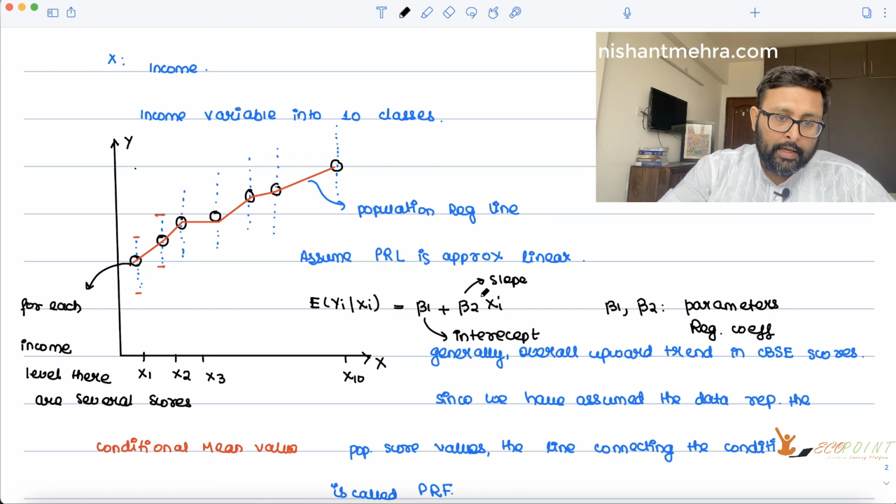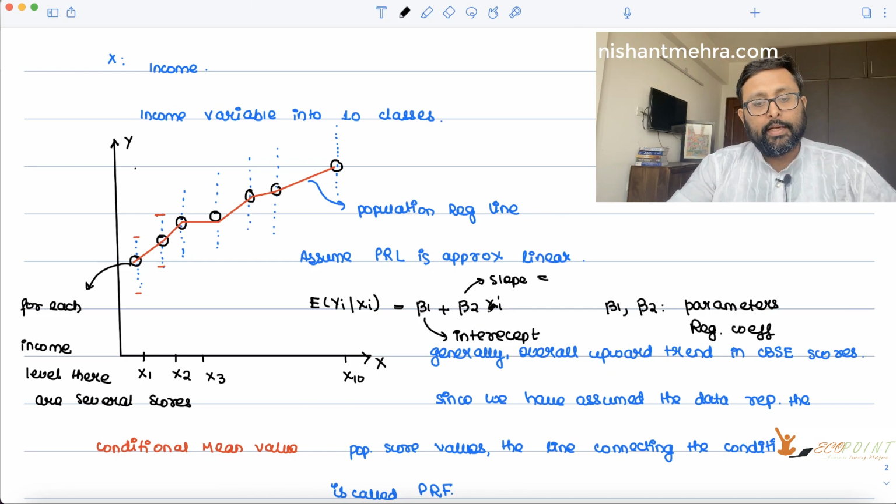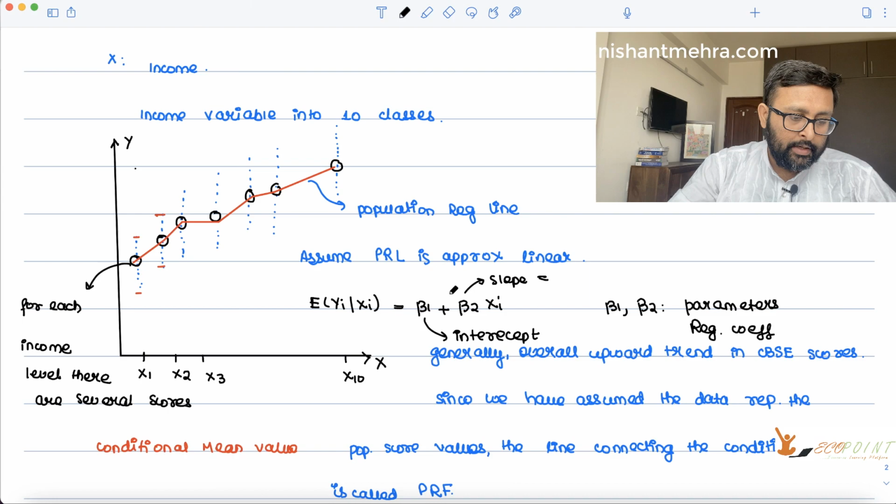So, what is this slope parameter measuring? If xi is going to increase by 1 unit, then the dependent variable is going to increase by beta 2 units. That is, the conditional mean of y given xi is going to change by beta 2 units. That's the idea.